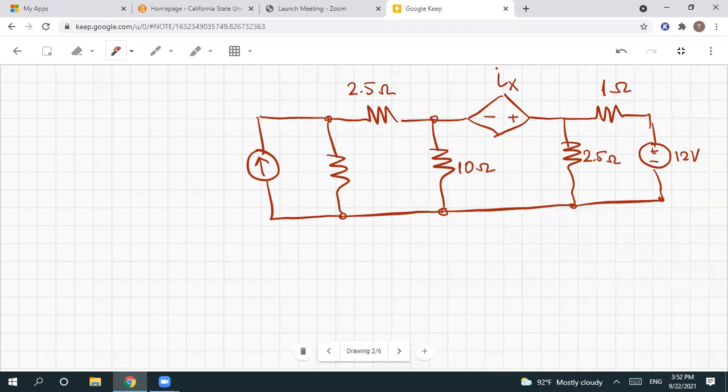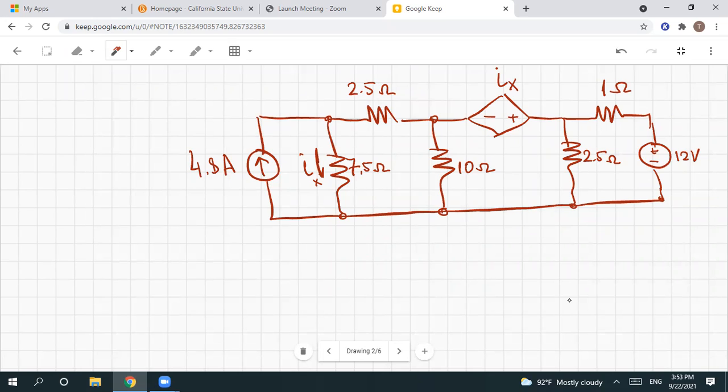We have 7.5 ohms, and this is Ix, and then we have 4.8 amperes. So now all the numbers are there. Okay, we need to solve this problem.